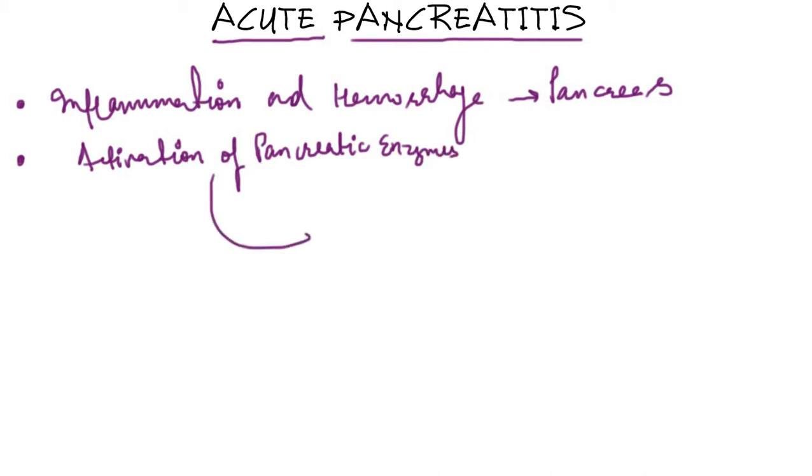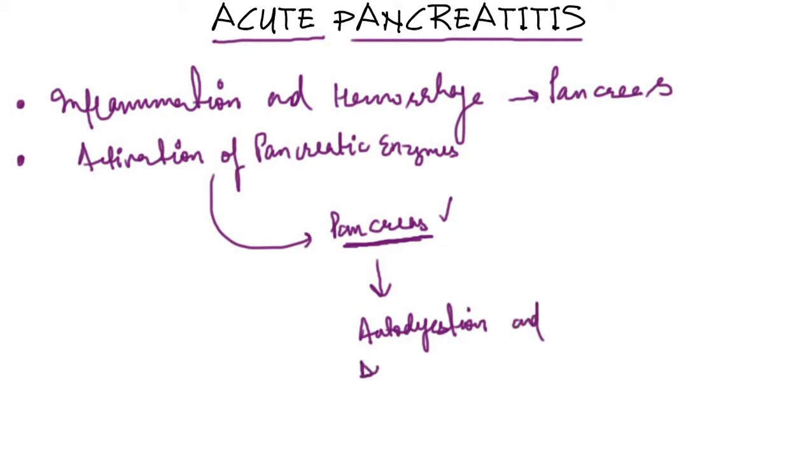These activated enzymes digest the pancreas and cause the destruction of all the pancreatic tissue. As a result of the activation of the pancreatic enzymes, there will occur autodigestion and the destruction of pancreatic tissue.